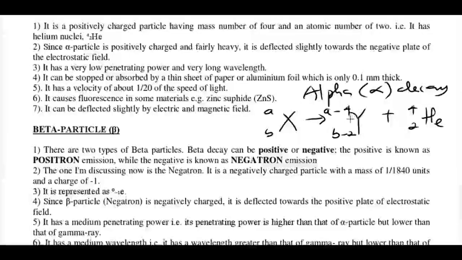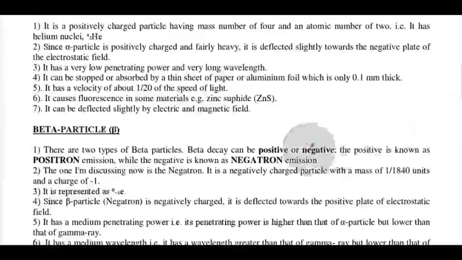What you will notice is that the summation of the mass number on the left must be equal to the mass number on the right, and the summation of the atomic number on the left must be equal to the atomic number on the right. So let's use uranium as a case study. If uranium disintegrates, we have thorium. So let's say this is uranium and the mass number is 238. The atomic number is 92.